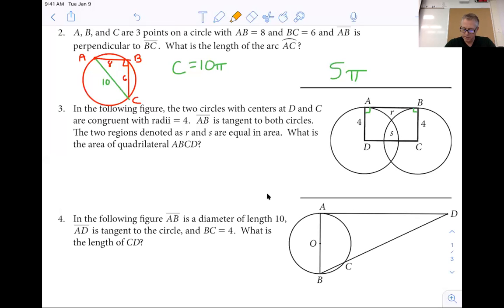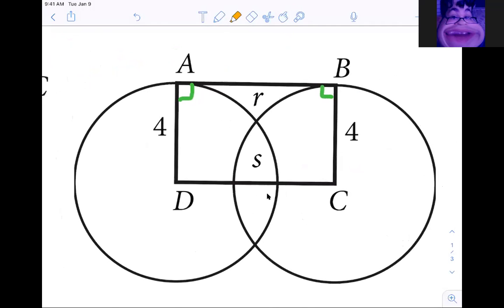Okay, ideas, thoughts? Since area R and area S are equal, I figured that the line that intersects them has to be halfway through that arc, and that arc is 90 degrees because it is a fourth of circle D or circle C, depending on which one you look at.